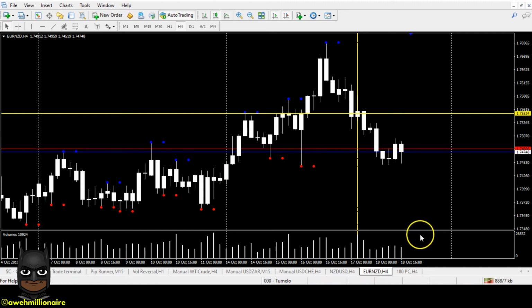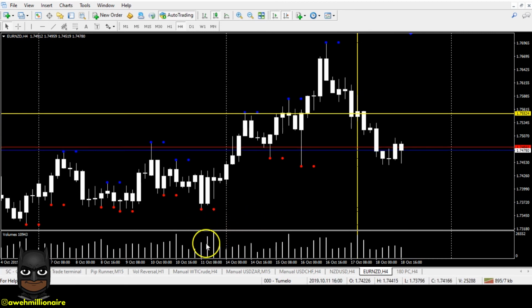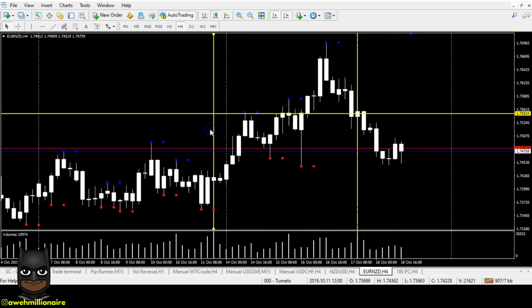So going from right to left, we're looking for obvious significant volume to help us identify the demand level where price went up or price increased. Again, obvious high volume right over there.